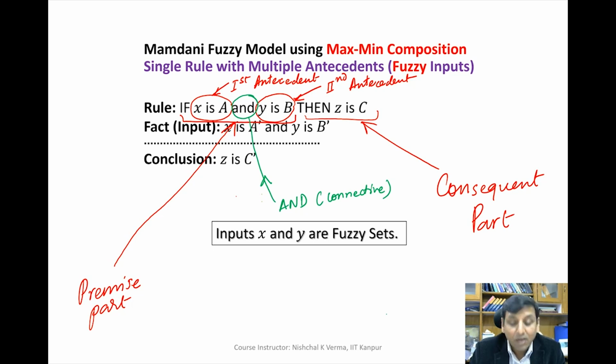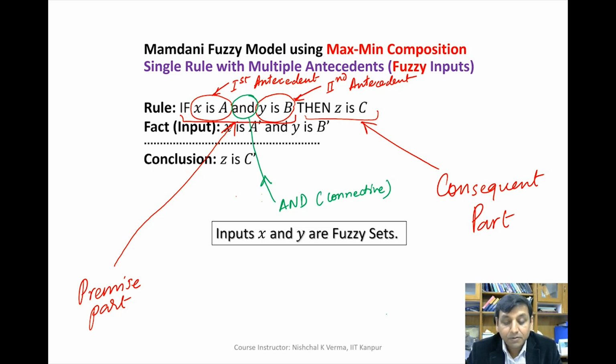So the rule type here is that the premise part is fuzzy and the consequent part is also fuzzy. Now coming into the premise part, let us first understand that we have two antecedents. The first antecedent here is x is A, the second antecedent is y is B, and both these antecedents are connected by connective AND. In place of AND there could be other connectives like OR, but in this case we have AND as the connective.